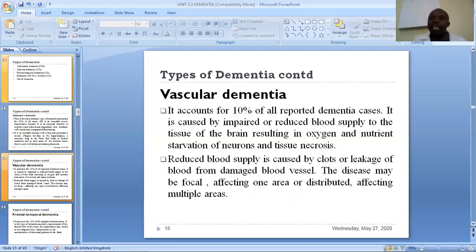It is caused by impaired or reduced blood supply to the tissues of the brain, resulting in oxygen and nutrient starvation of neurons, and tissue necrosis occurs. What are we talking about? You recall that the circle of Willis in the brain, if you remember your anatomy very well, plays a role.